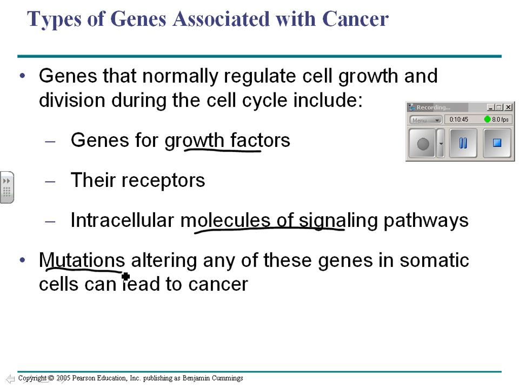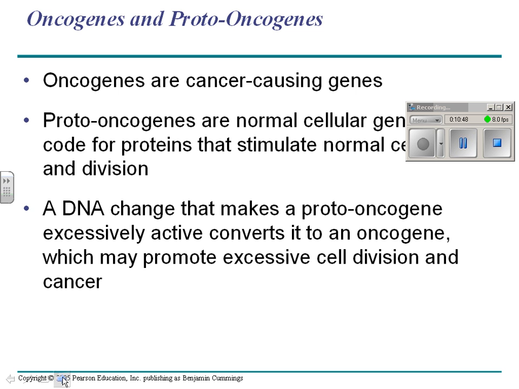A couple of examples. There are genes called oncogenes that we know cause cancer. There are genes called proto-oncogenes, which are normal genes that can be converted to an oncogene, usually having to do with promoting excessive cell division.